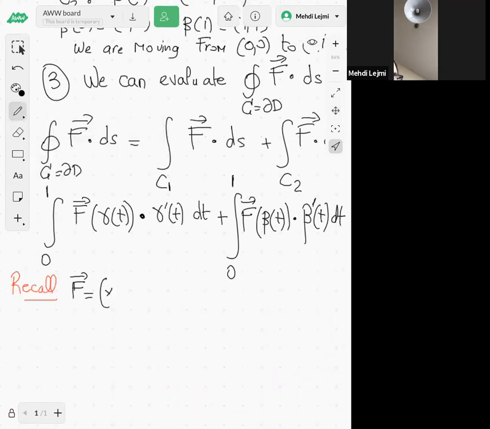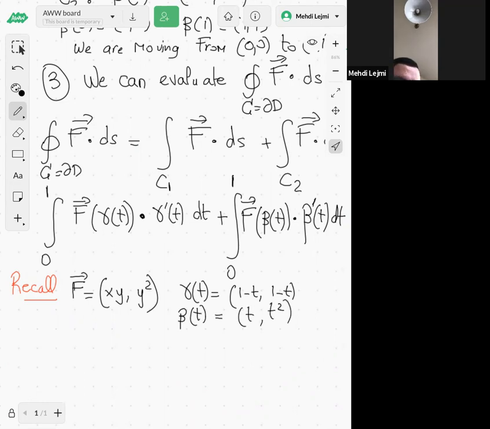So it's x, y, and y squared. All right, gamma of t, that's the parameterization of C1. We said it's 1 minus t, 1 minus t. And beta of t, we said, is just t and t squared, right?